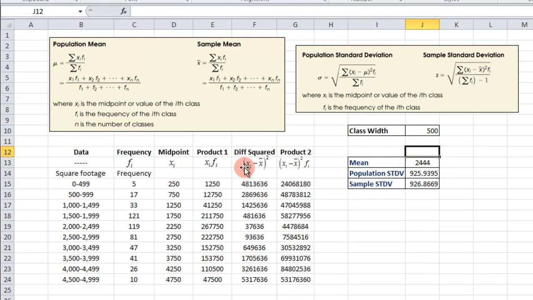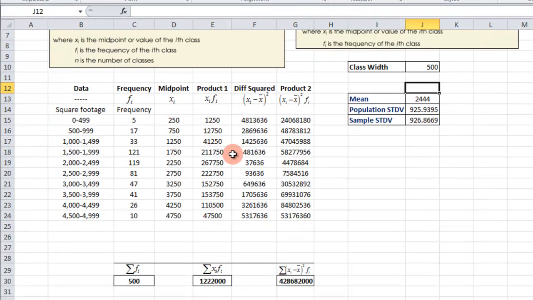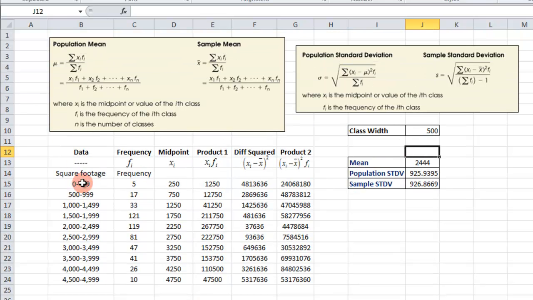All right, so that was quite a bit of work to get set up, but now that this is completely set up, if we ever get new data and we just need to find the mean, we paste it in there. We paste it in there and we switch over the midpoint. We have to figure out the midpoint. It's the only thing we need to do here. And once the midpoint's figured out, all this data will update and the entire thing will update.